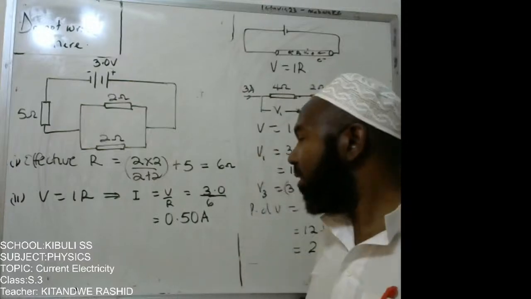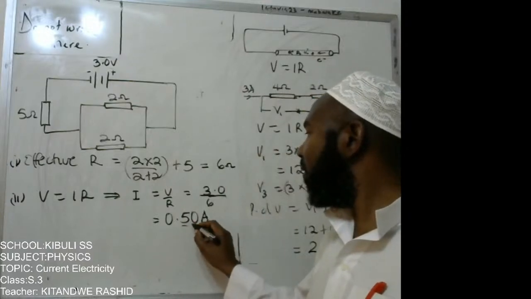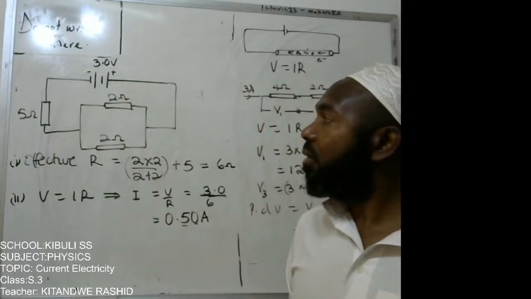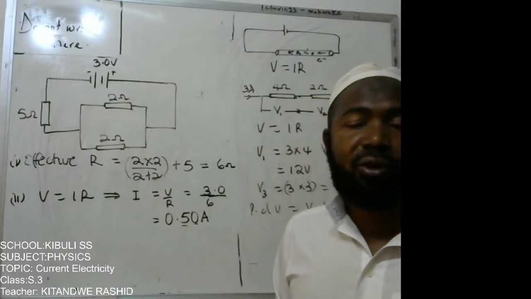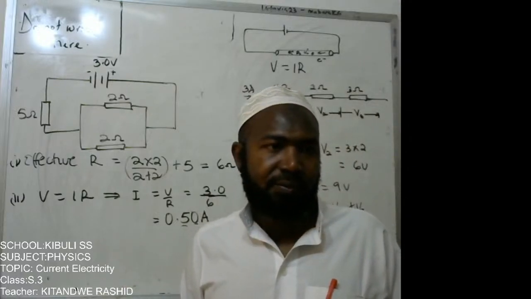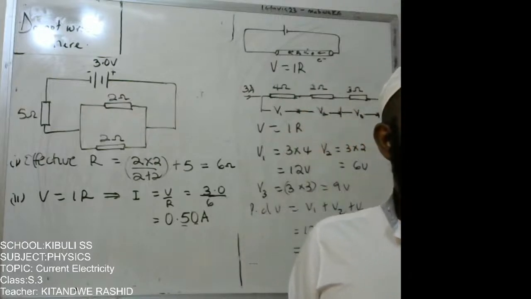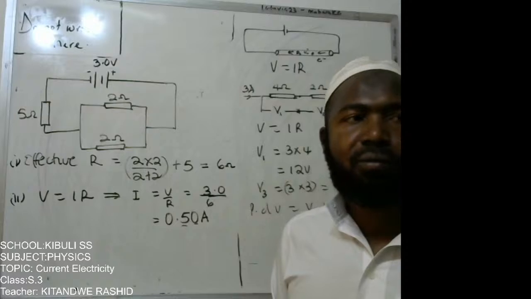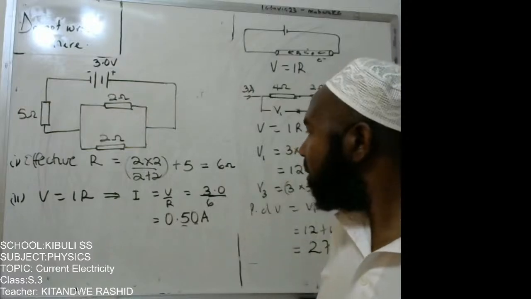0.50 and 0.5 is the same thing. It is only that we prefer to write 0.50 because the instrument that measures current, which you call the ammeter, records to 2 decimal places. So Roman 2, Roman 3, PD across the 5 ohm. PD across the 5 ohm.